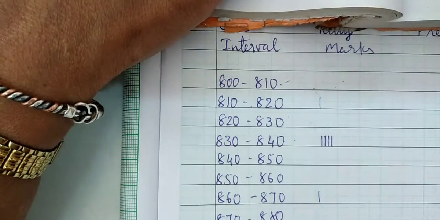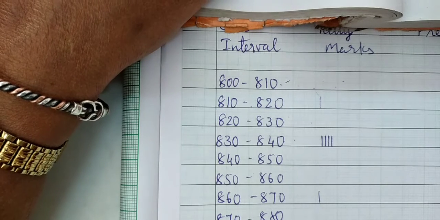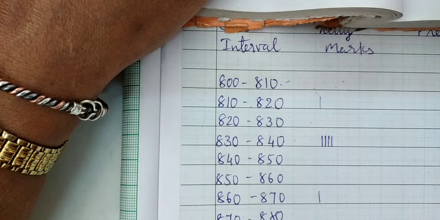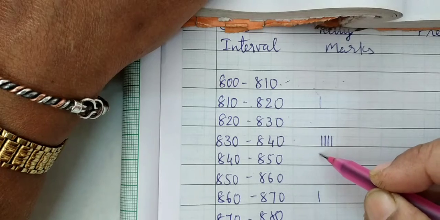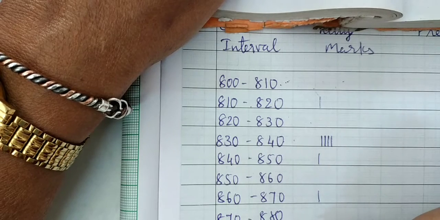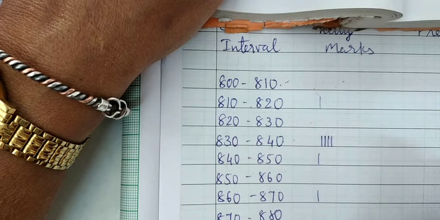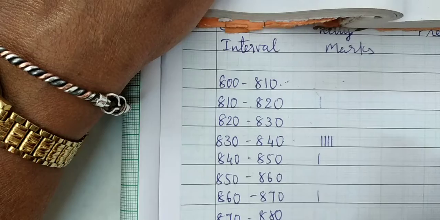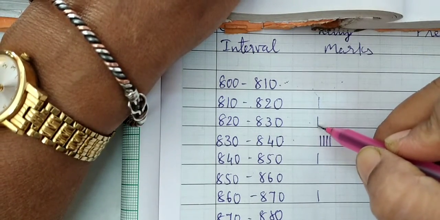So children, keep your book along with you when you are watching this video, so that you can tally the readings which I am reading out from the textbook. Okay. Then 845, it falls between 840 to 850. Then 898. 898 falls over here. Then 890 again here. 820 not here, but we will mark it over here.